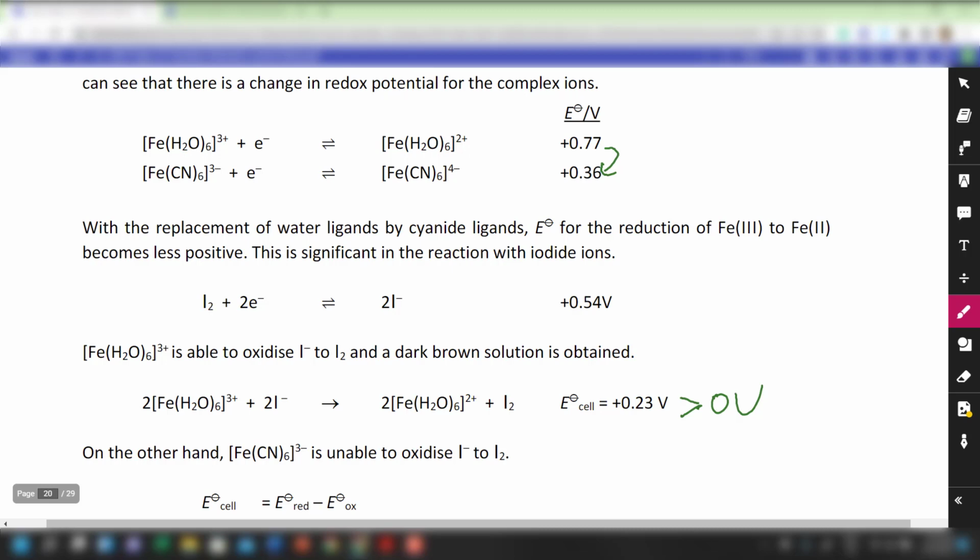If cyanide stabilizes both iron 3 and iron 2 to the same extent, then there shouldn't be a change in the standard reduction potential. If it stabilizes iron 3 more than iron 2, then it will lead to a reduction in the reduction potential value, as what we have seen in this particular case. Okay, however, if it stabilizes iron 2 more than iron 3, then it will lead to a widening in the reduction potential value. So that means that it will be greater than 0.77 volts.